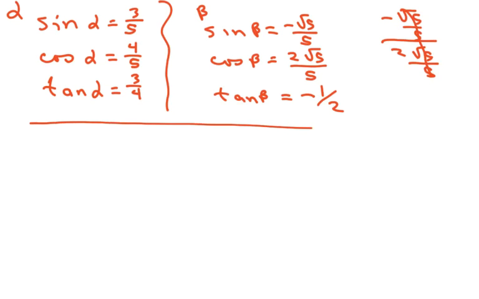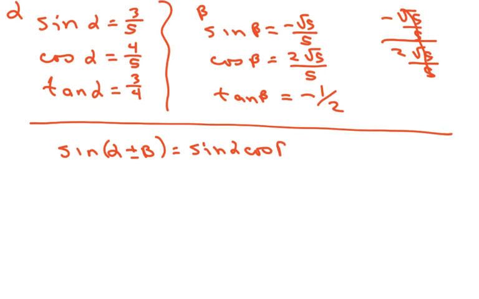Now we can figure out everything. So we're going to use the first formula, and the first formula is going to be sine of alpha plus or minus beta equals sine of alpha cosine of beta plus or minus cosine of alpha sine of beta.